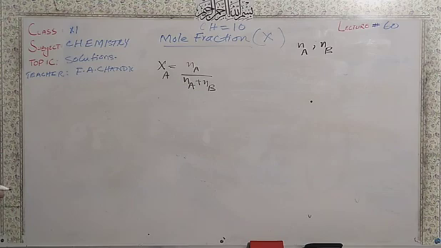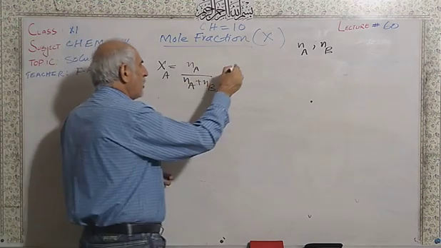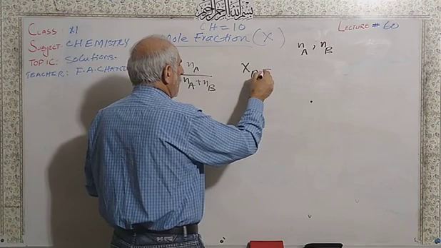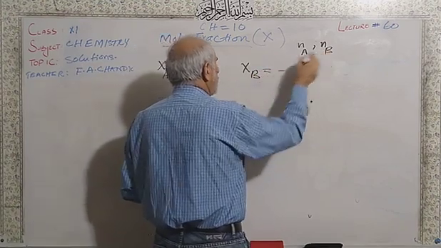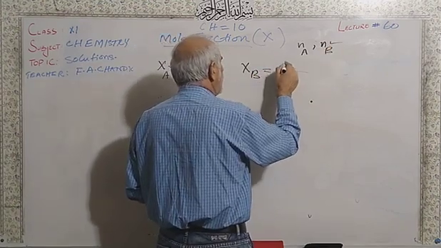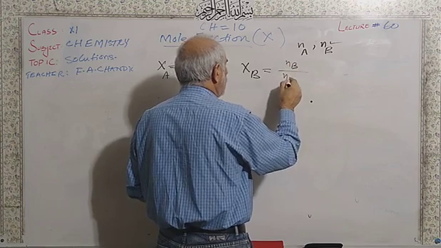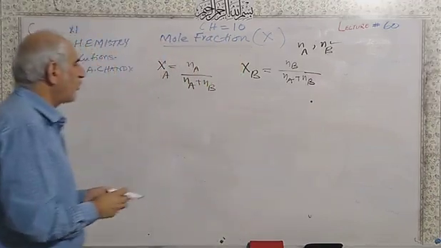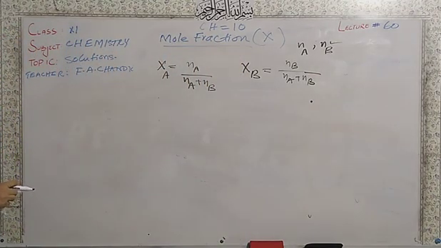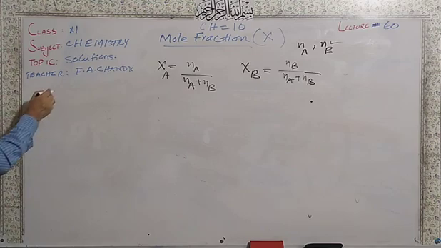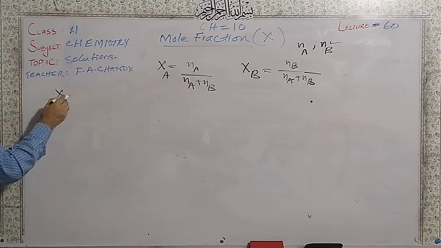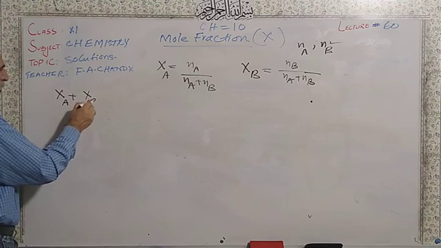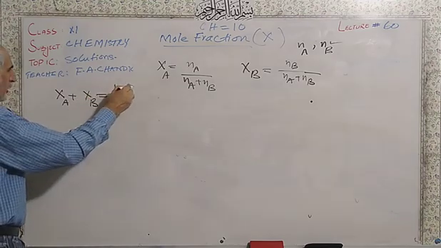This is the mole fraction of A. Similarly, mole fraction of B is number of moles of this solvent divided by number of moles of A plus number of moles of B. So you will get the mole fraction of the solvent. So remember that mole fraction of A plus mole fraction of B must be equal to 1.